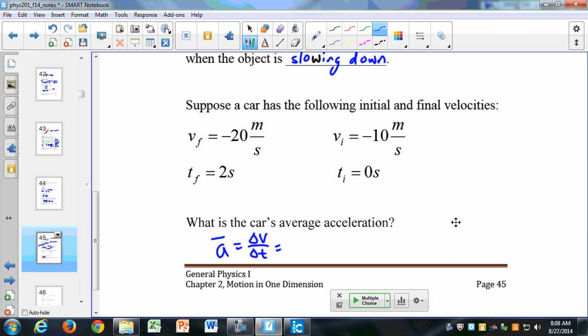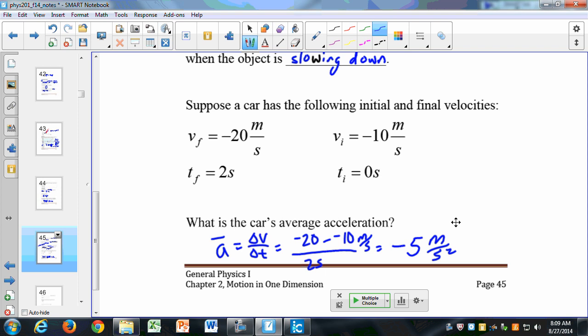-5 is right. Right. So I say VF, which is -20, minus -10, divided by 2. And that gives me -10 over 2, which is -5 meters per second squared. So here I have a negative acceleration. All right, my acceleration is negative.